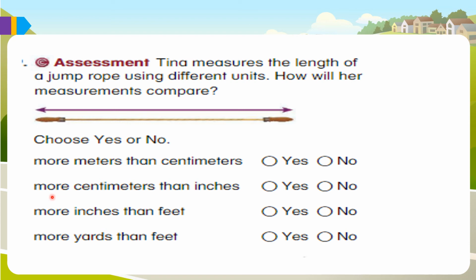Just think. And then more centimeters than inches, then more inches than feet, and more yards than feet. So this is the assessment of this lesson, and you have to do it yourself.